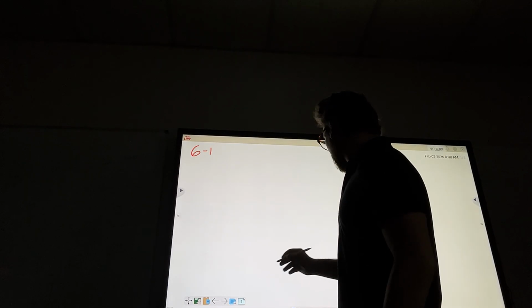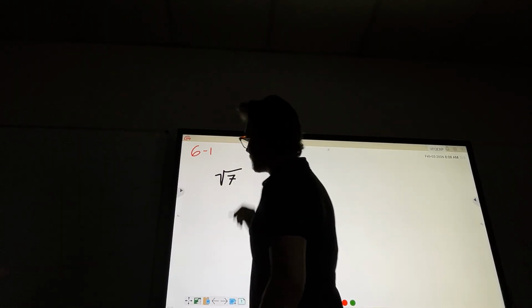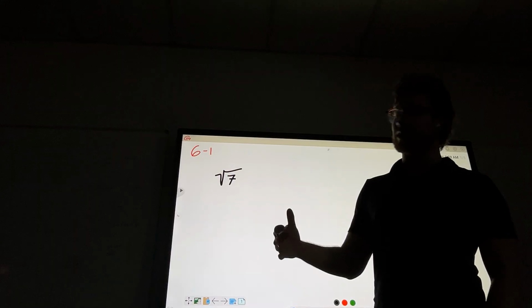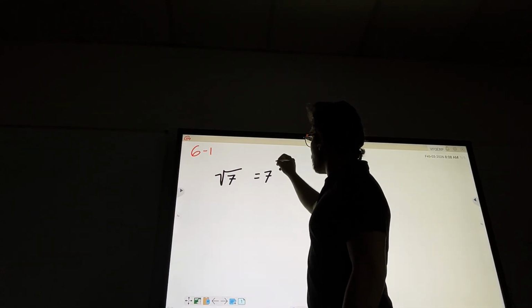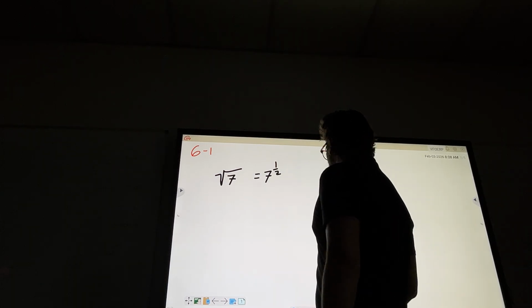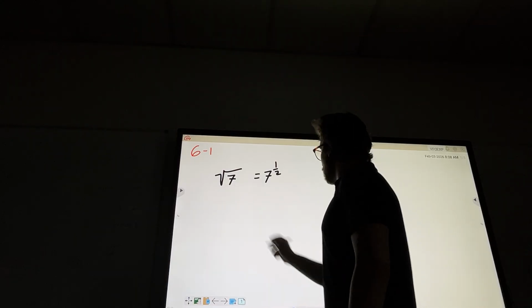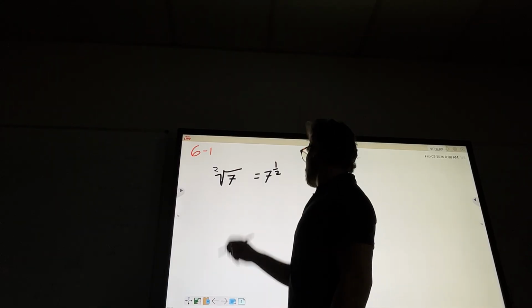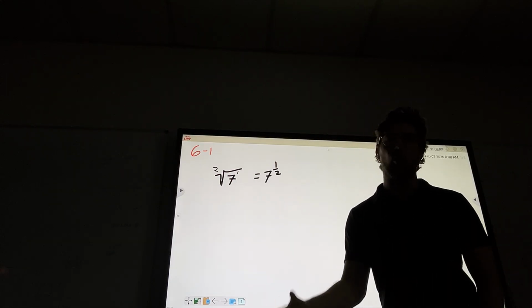This one is all about understanding our rules for exponents. So if we have the square root of 7, there's also another way that we can write this: 7 to the power of 1 over 2. If there is nothing written over here, there is an assumed 2. If nothing is written over here, there's an assumed 1.